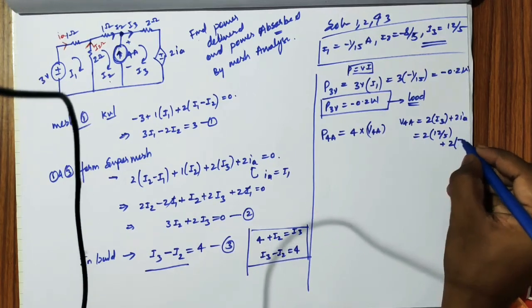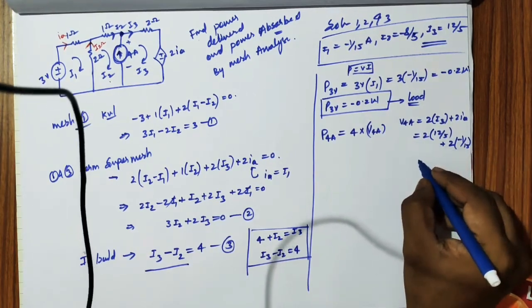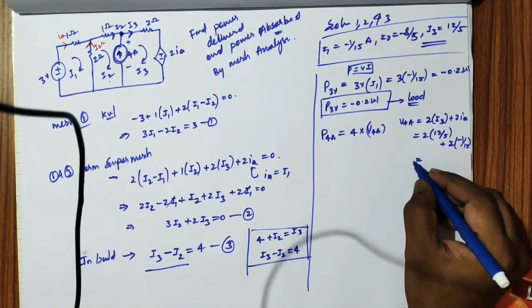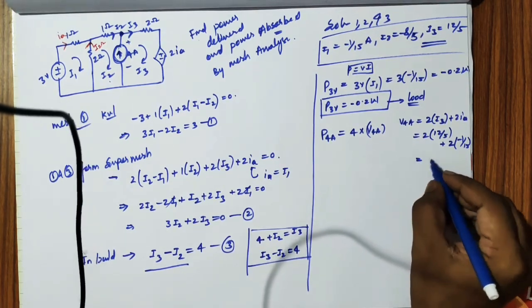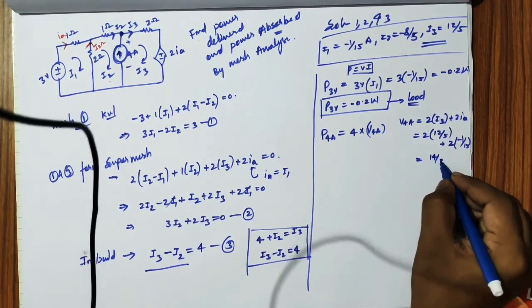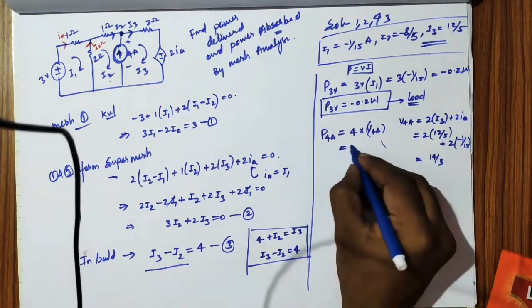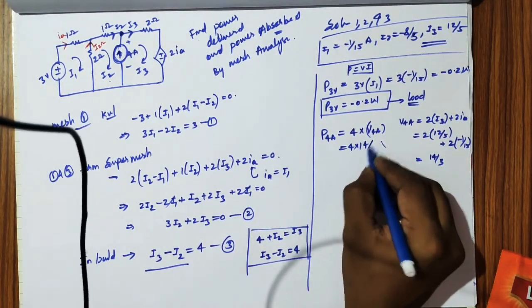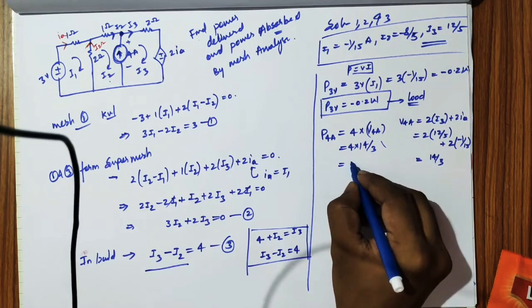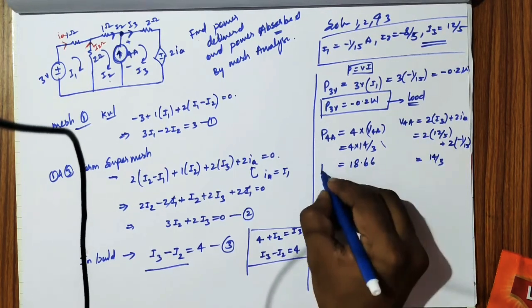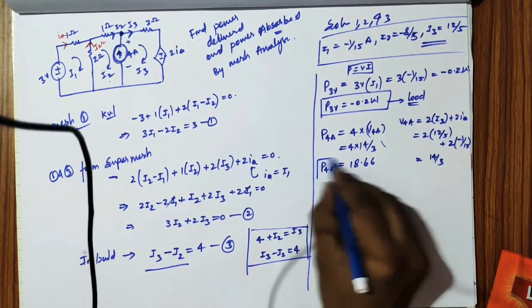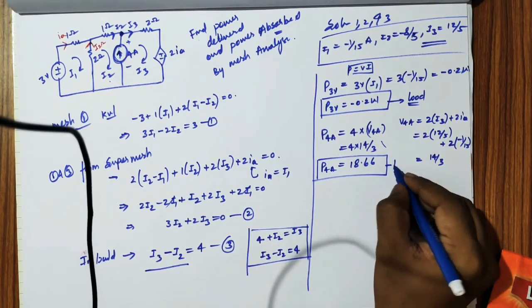That is I1 value minus 1 by 15. So you get the value of voltage V as 14 by 3. Substituting this here, you will get 4 into 14 by 3, that is the value of 18.66. So P4 amps is 18.66 watt.